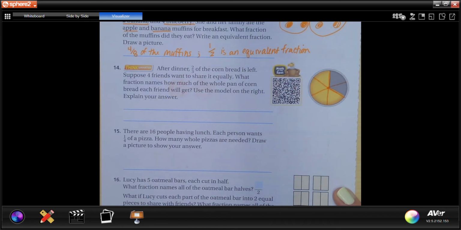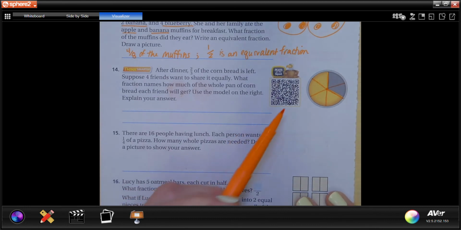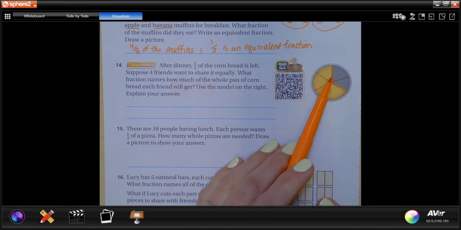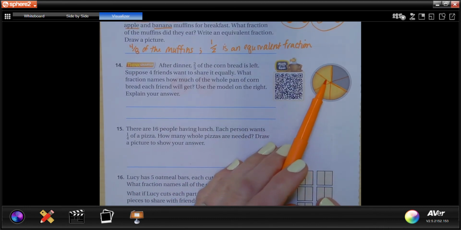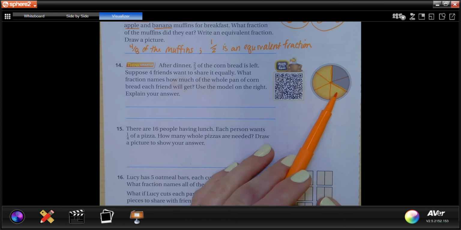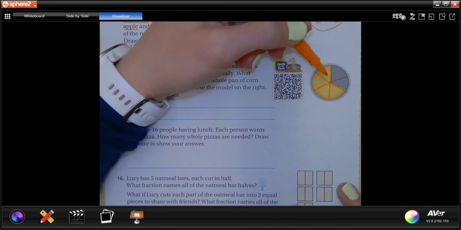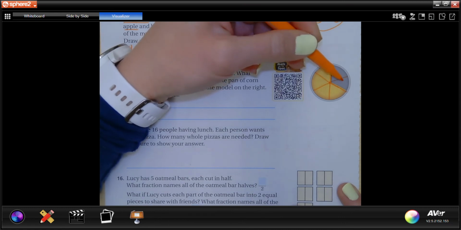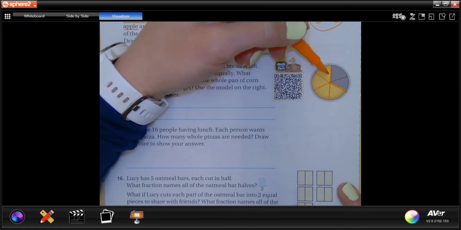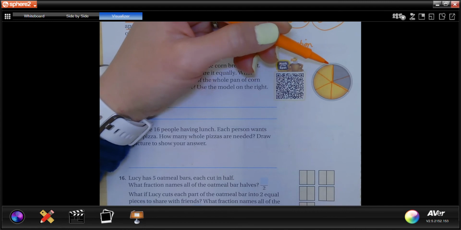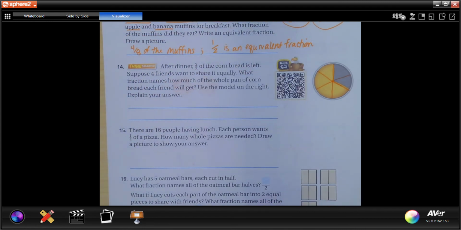So we divided each third into 2 equal parts, right? So then we get 4 pieces in all. So each piece is how much? It's 1 out of how many? 1, 2, 3, 4, 5, 6. So each piece is 1/6 of the whole pie.